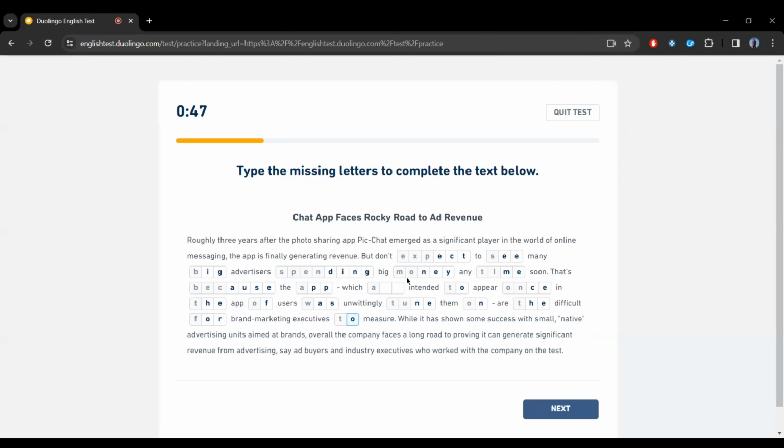Okay, let's see what we wrote. Expect to see many big advertisers spending big money anytime soon. That's because the app, which was intended to appear once on the app of the users, was unwittingly turned on. I believe there's some mistake in this.